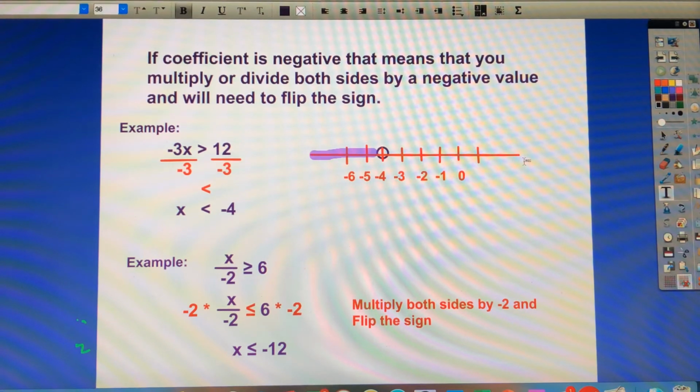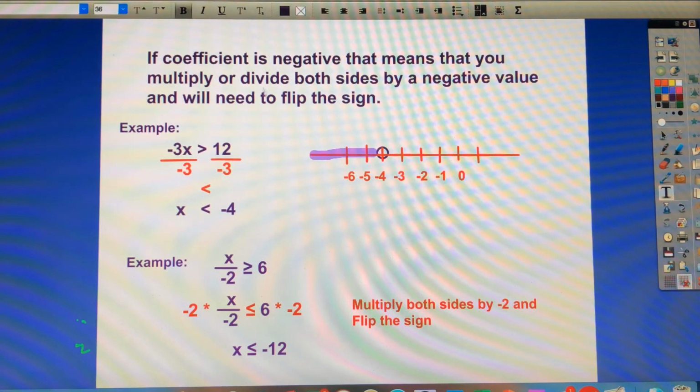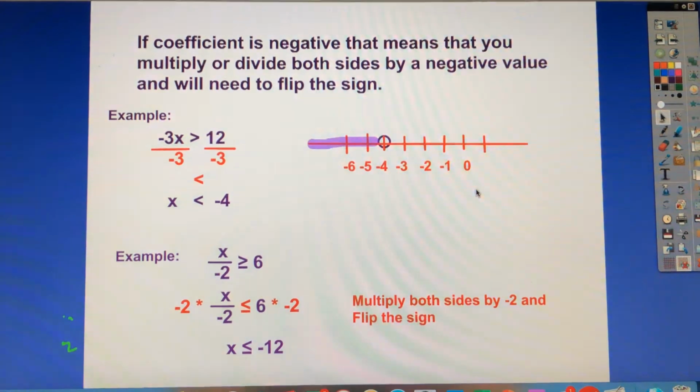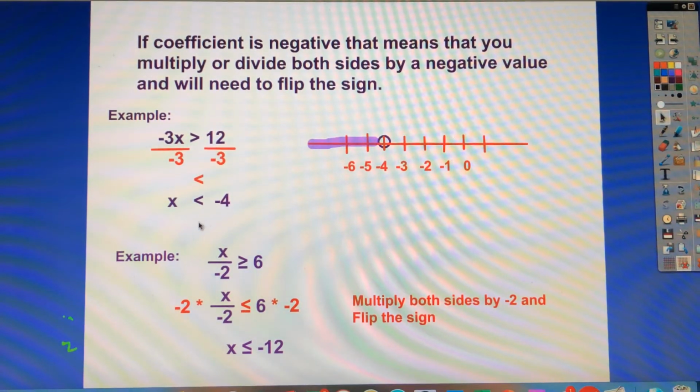That means I must flip the sign. So you see that I have come down and I have taken that greater than sign and I have flipped it and made it a less than sign. So x is less than negative 4. Open circle at negative 4, shade left.